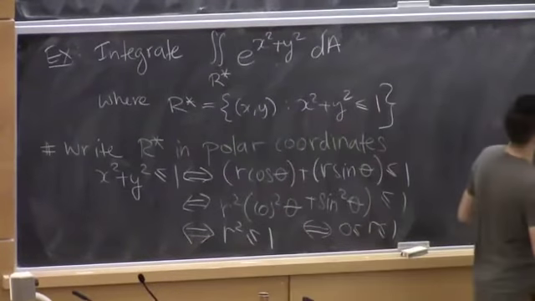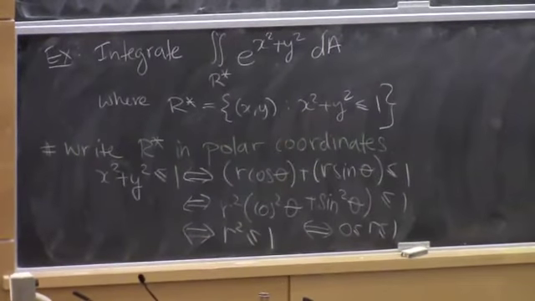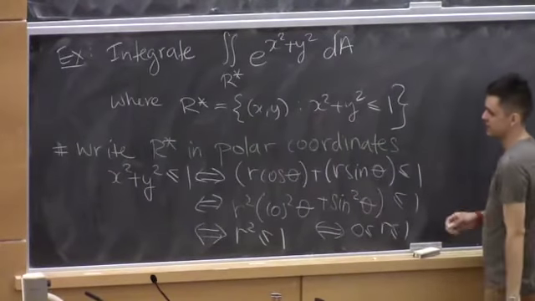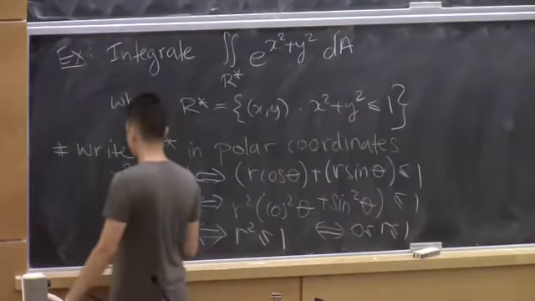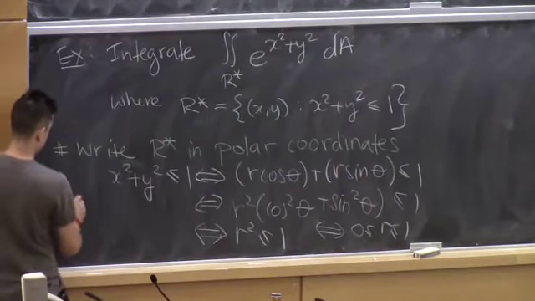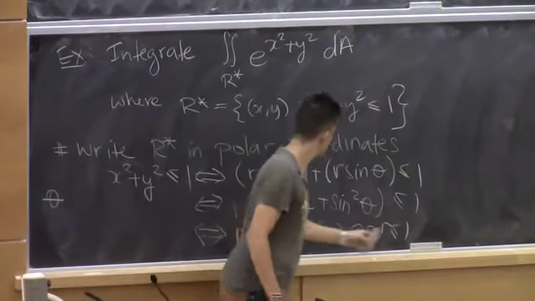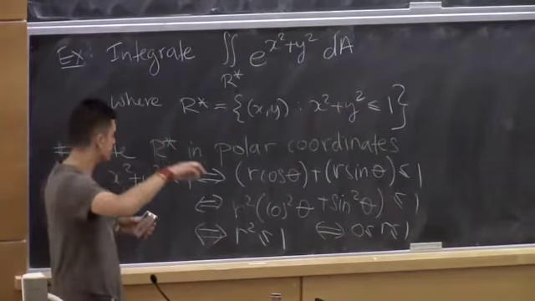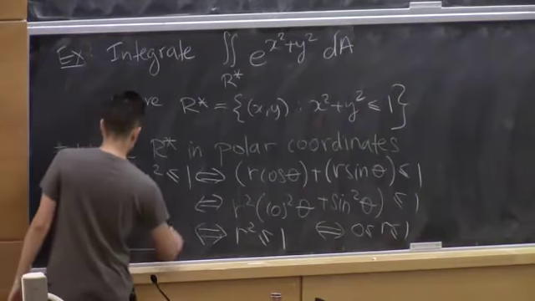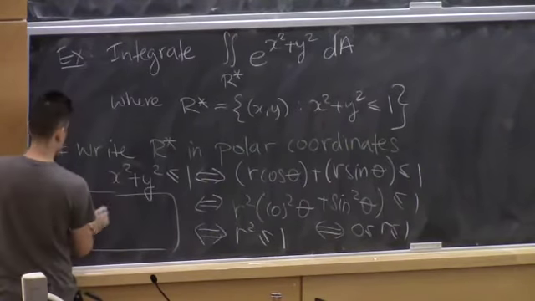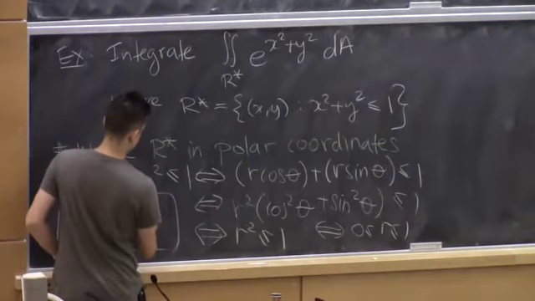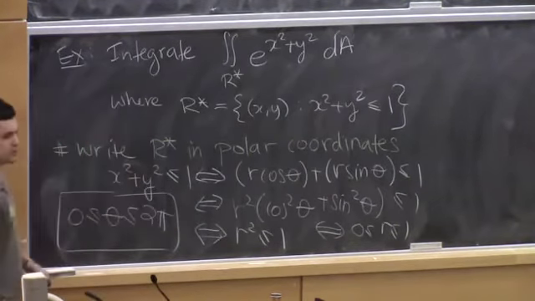And we can say what theta should be. We're going to go around the whole circle, and we only need to go once. So theta will be between 0 and 2 pi.